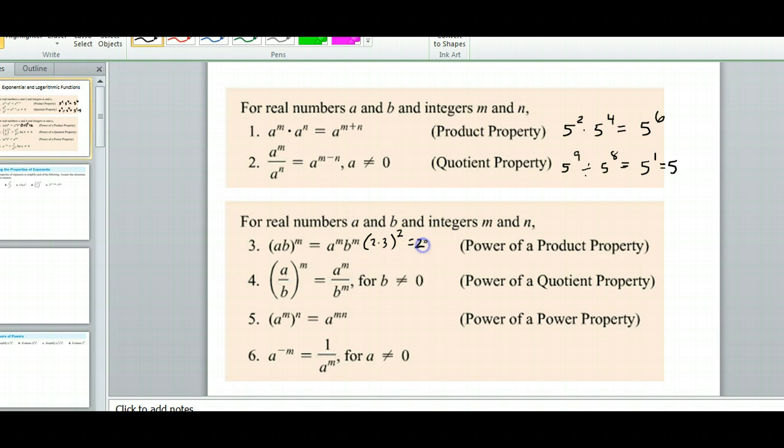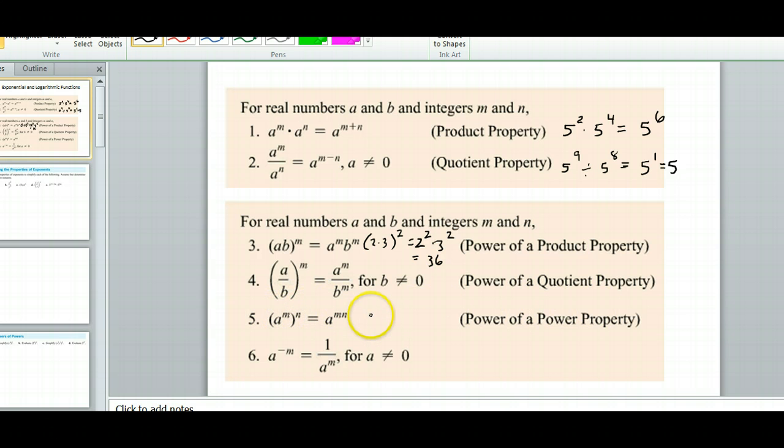Was that not the same as 2 squared times 3 squared? 4 times 9. So either way I get 36. So this does work. And then this says that if there's a fraction raised to a power, we can raise the numerator and denominator to that power.